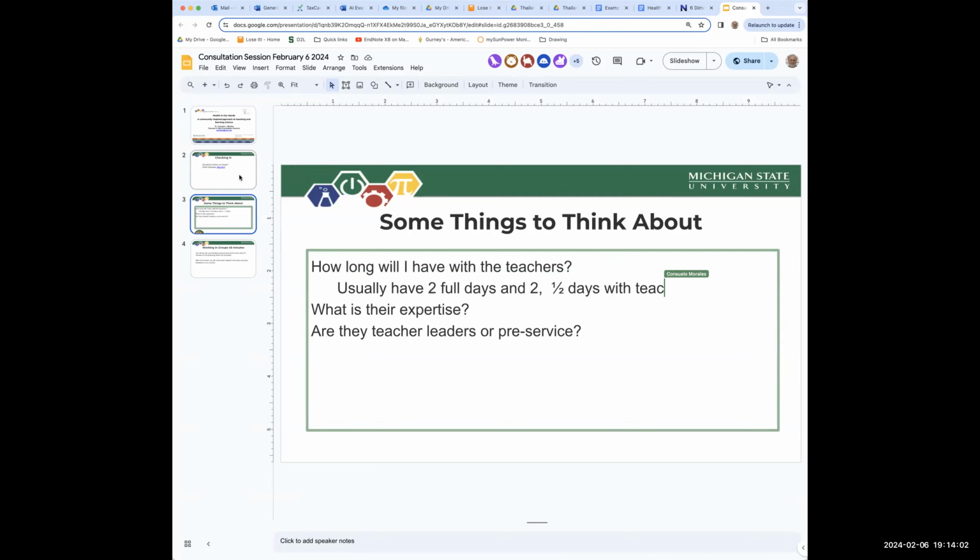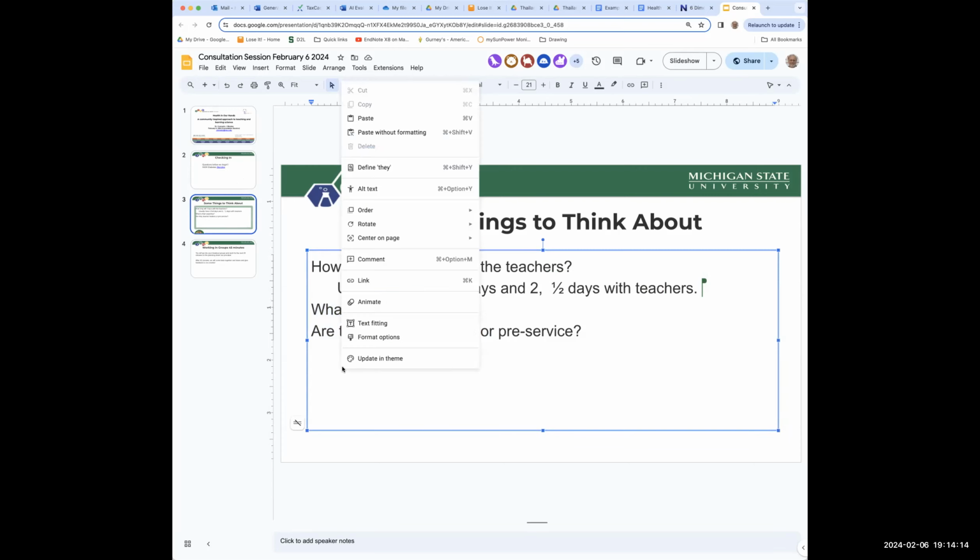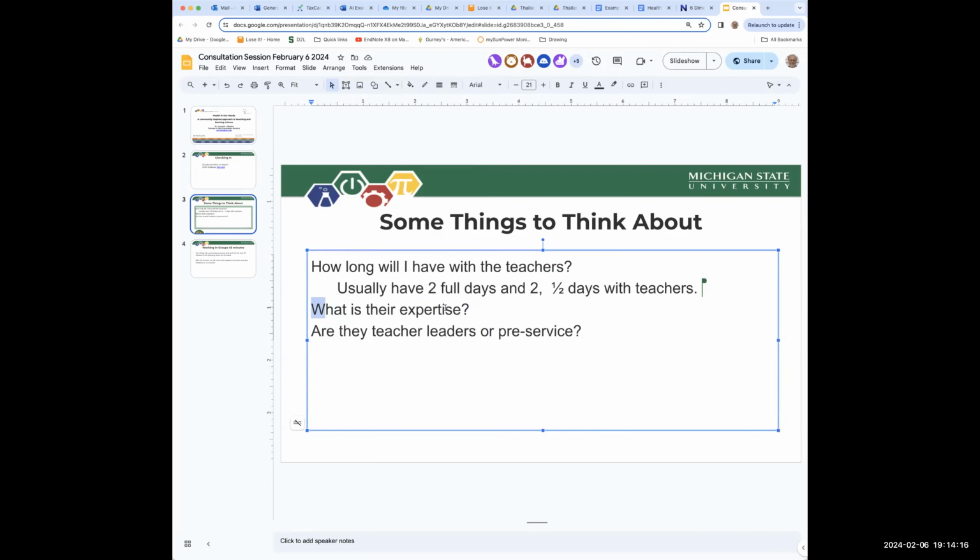What is their expertise? Where are you starting with the teachers? One of the things on the planning sheet is thinking about the expertise that teachers come with. In some of our planning, we work with in-service teachers. So think about whether they are in service and how long they have been teaching.